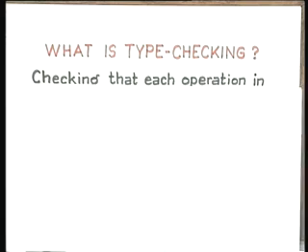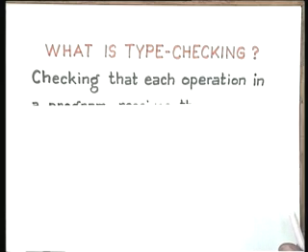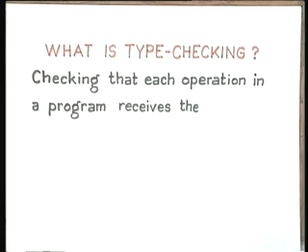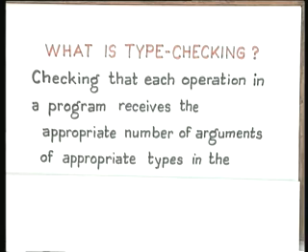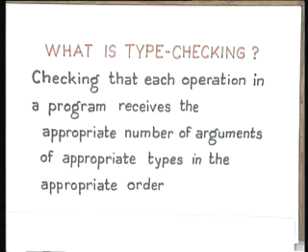So, essentially in its most general form, in an applied lambda calculus or in a programming language, type checking is just the fact that you have to check that each operation in the program receives the appropriate number of arguments of the appropriate types and in the appropriate order.